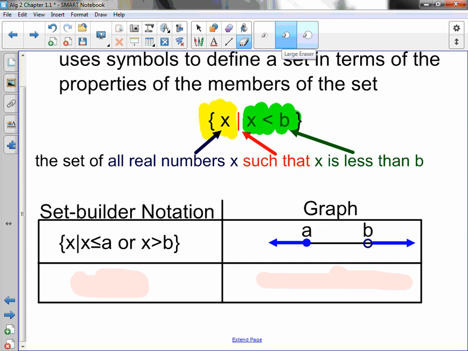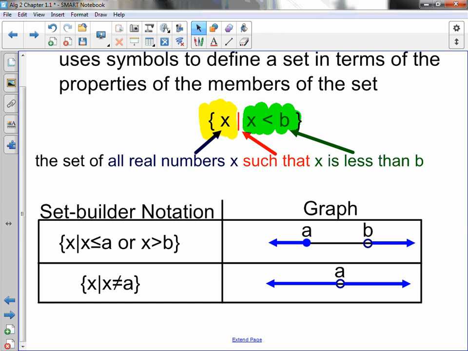So we can also deal with compound inequalities, such as this here. For the set of all real numbers x such that x is less than or equal to a, or x is greater than b, we talk about two unbounded inequalities. Or we can use it like we did the other day, where we did not include, I think it was the number 4.